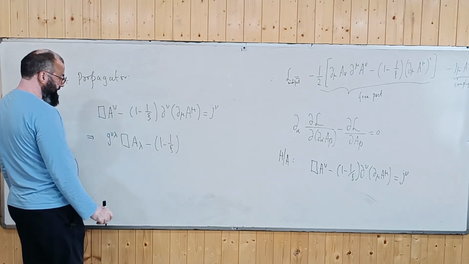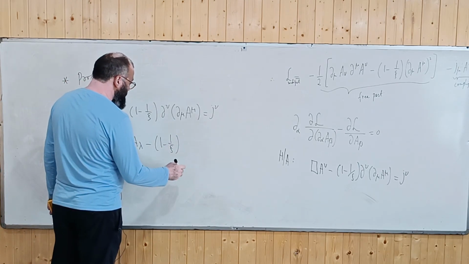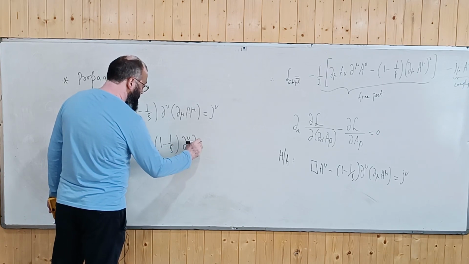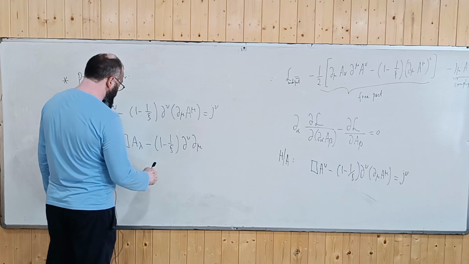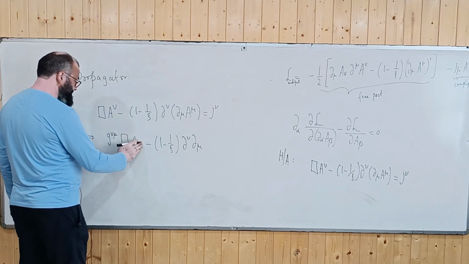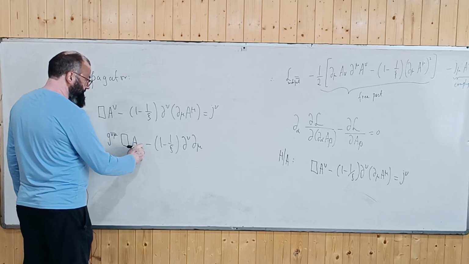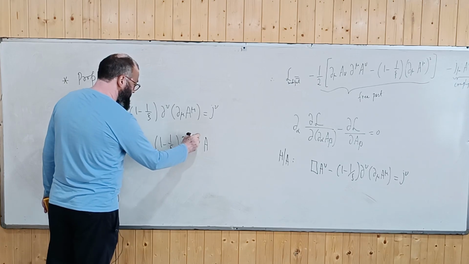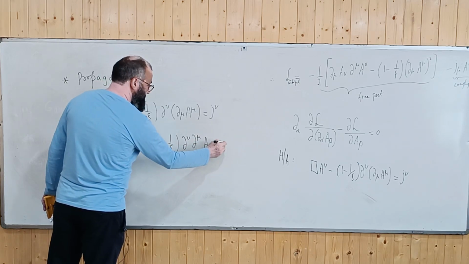So this is the term. Then I can write partial mu, so let me write mu here, because mu is here as well. So let me write partial mu, that's equal to G.